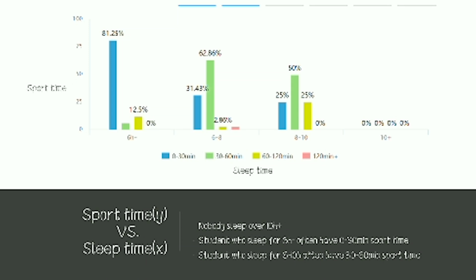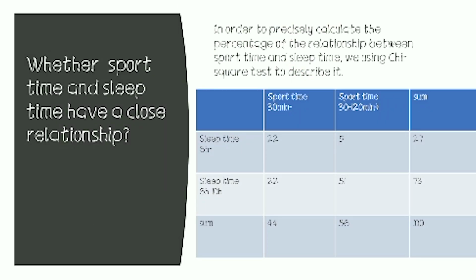This figure shows the relationship between sport time and sleep time. We get some basic information, such as students who sleep for less than 6 hours often do sports for less than 30 minutes. If we separate the sport time into less than 30 minutes and more than 30 minutes, and separate sleep time into less than 6 hours and more than 6 hours, we can obtain this square.